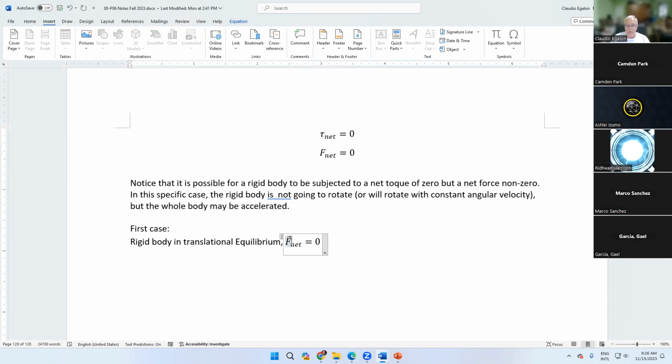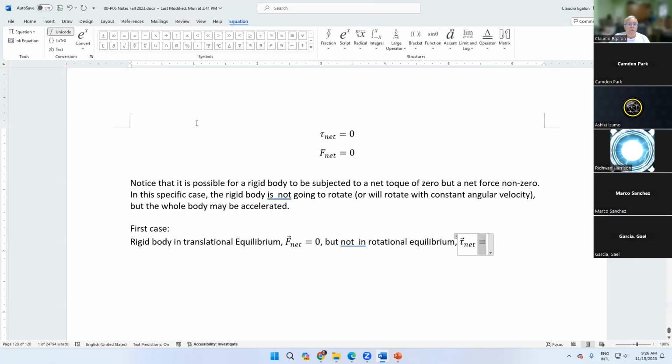Net force equal to 0, but not in rotational equilibrium. And rotational equilibrium means what? Net torque different from 0. I'm gonna put a vector here as well.